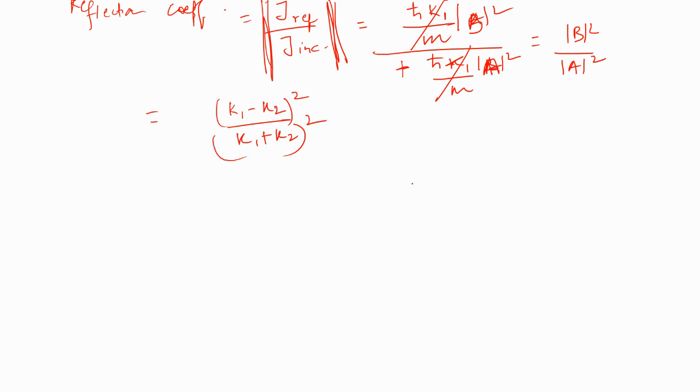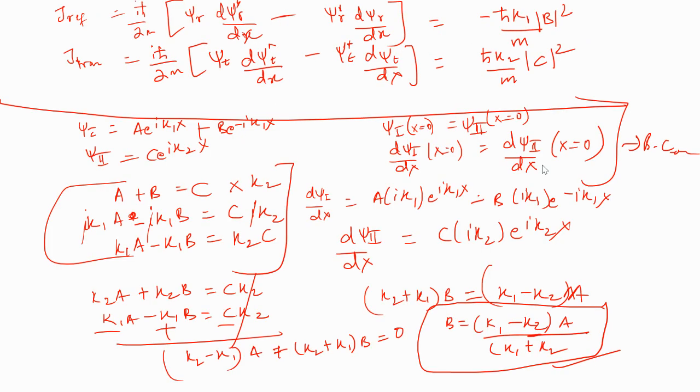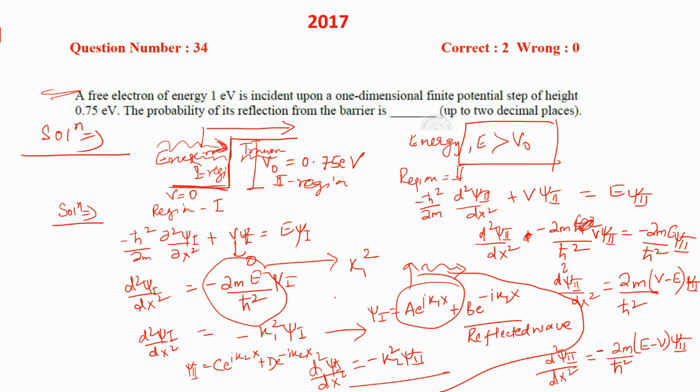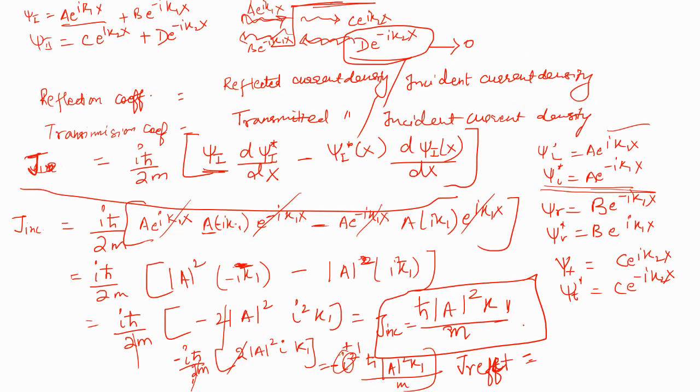But in the question we are given E and V. So how will you transform k1 and k2 into E and V? In the starting itself, I told you that k1 square is equal to 2mE upon h cross square, and k2 square is equal to 2m upon h cross square times E minus V, right?